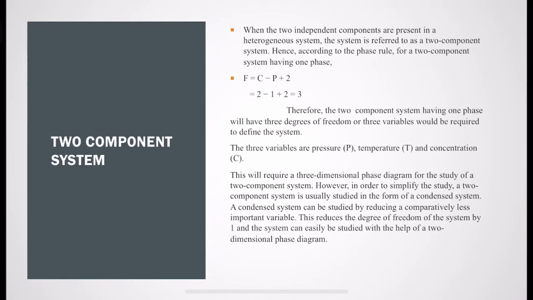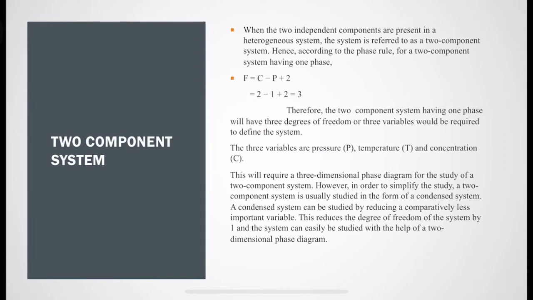But in order to simplify the study, a two-component system is usually studied in the form of a condensed system. So, a condensed system can be studied by reducing a comparatively less important variable. They reduce the degree of freedom of the system by 1 and the system can easily be studied with the help of a two-dimensional phase diagram.